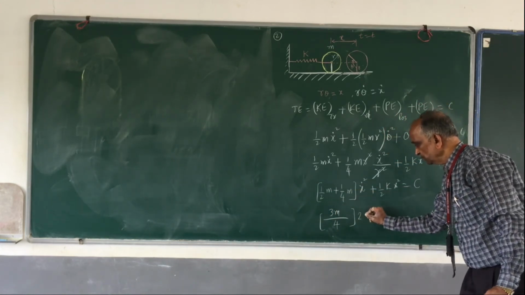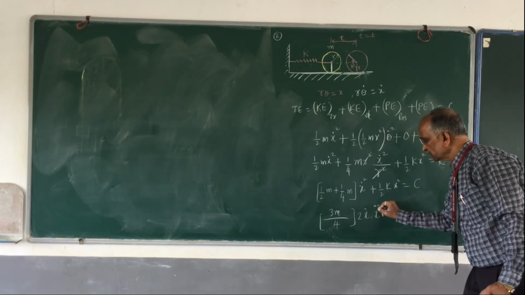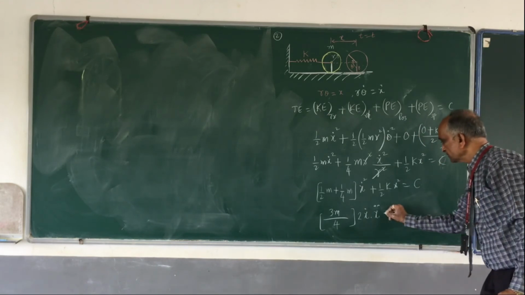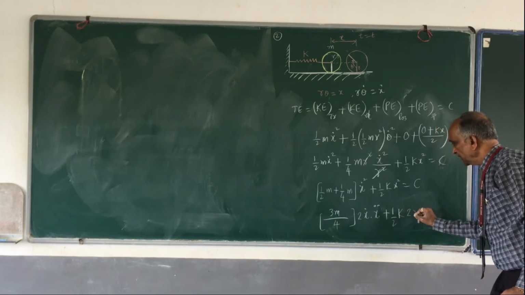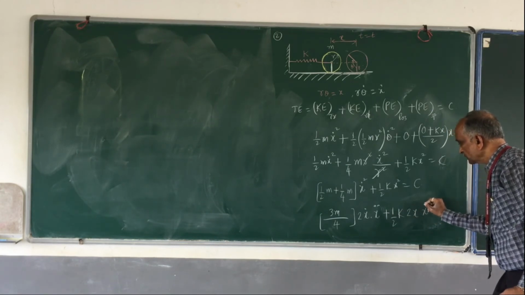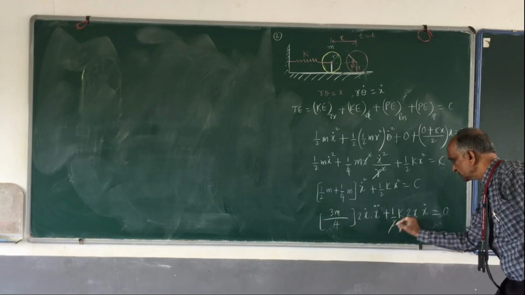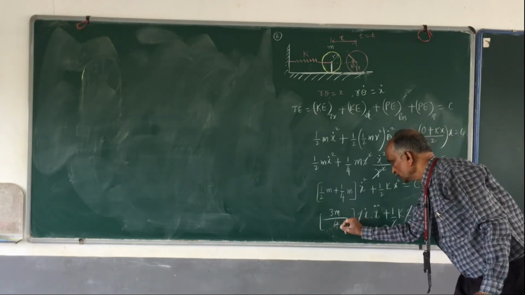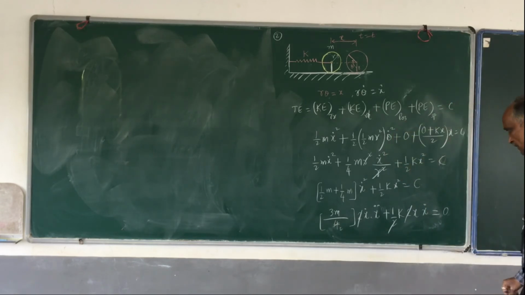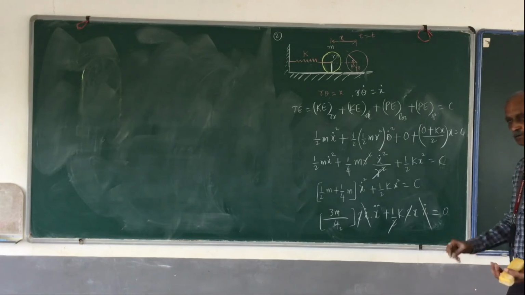Differentiating it, 3m by 4 times 2x dot into x double dot plus half k into 2x into x dot is equal to 0. Simplify this, the 2 cancels. So x dot and x dot cancel.